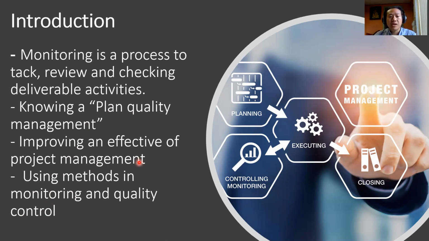And the third point of having monitoring and controlling is to improve our current job, to have more effectiveness of this management. And the last point is to use the right methods to cope with the issue when it occurs.